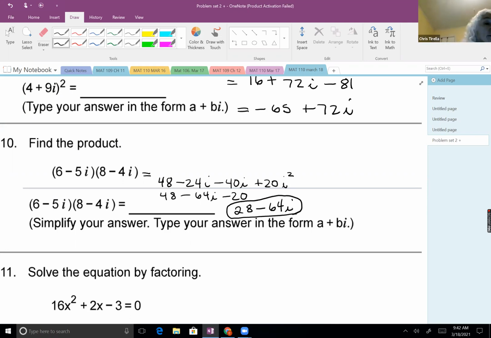Did anybody else get 28 minus 64i? Yep. Great.